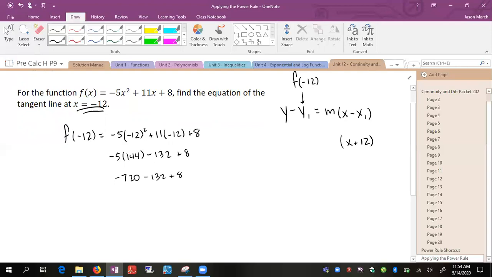Right? And so if we add all that together, we get -844. So we're going to have y plus 844.